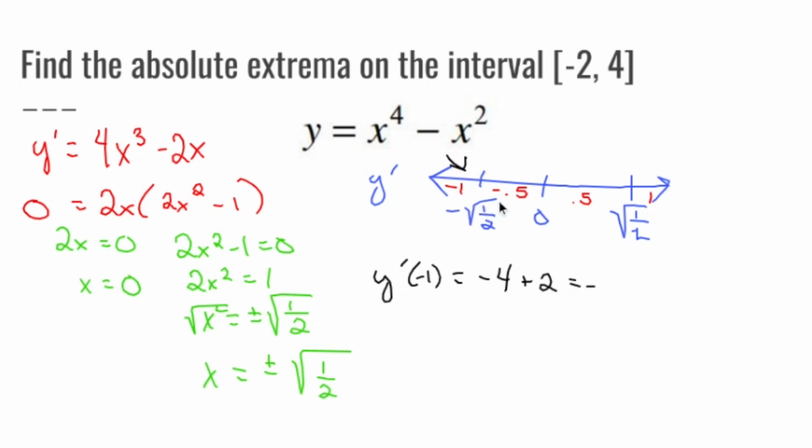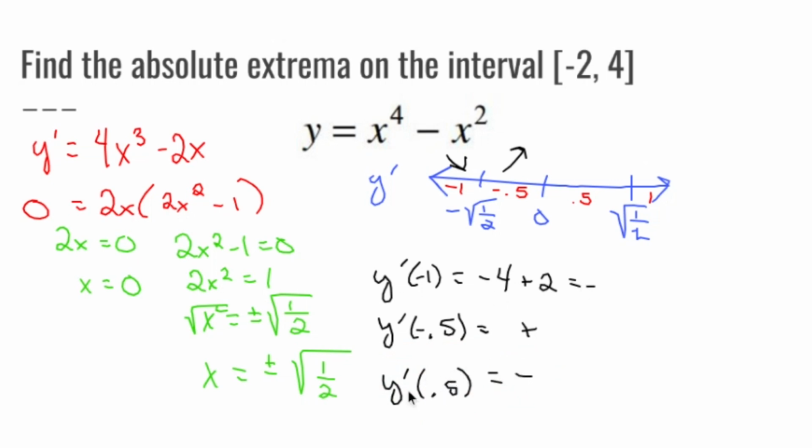If I plug in negative 0.5, y prime of negative 0.5, 4 times negative 0.5 cubed minus 2 times negative 0.5, it's just positive. Now 4 times 0.5 cubed minus 2 times 0.5, that's negative.